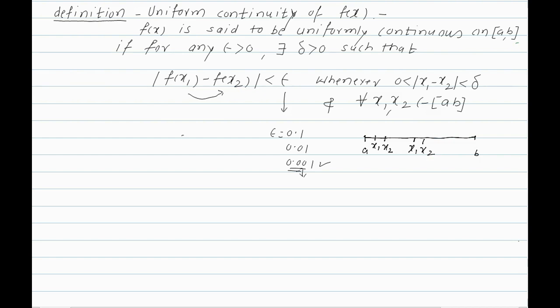So whenever this distance is less than delta, difference between the values of the function at x1 and x2 is less than epsilon. We can take x1, x2, these 2 points anywhere in the interval. If their distance is less than delta, then difference between values of the function at these 2 points is very small, or the two values are almost same. So this is a definition of uniform continuity.